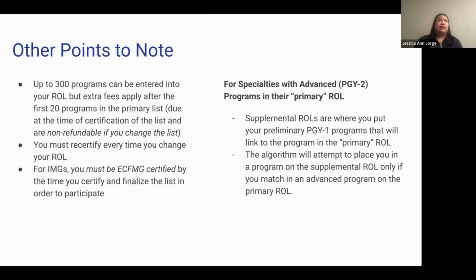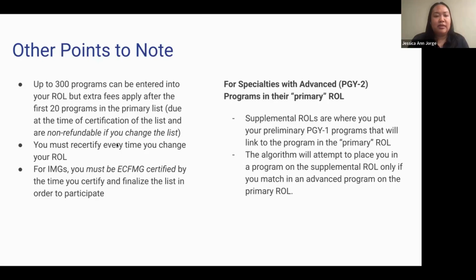So let's say you have 25 on your list, you have a fee for that extra five. But if you cut out those five and you end up with 18 on your list, you can get that money back. So you have to really decide whether you're putting that many in your list or not.